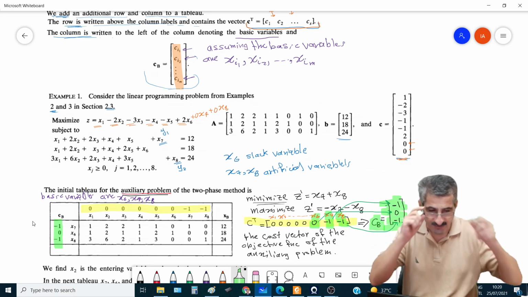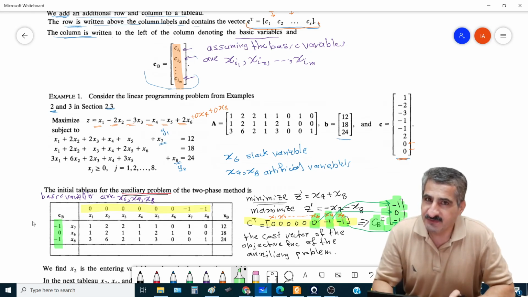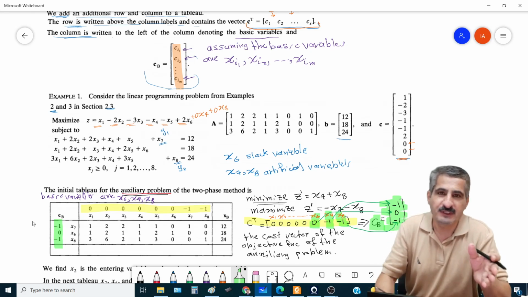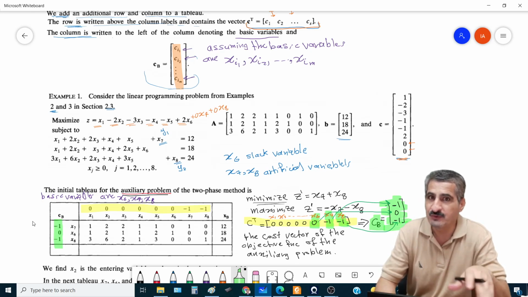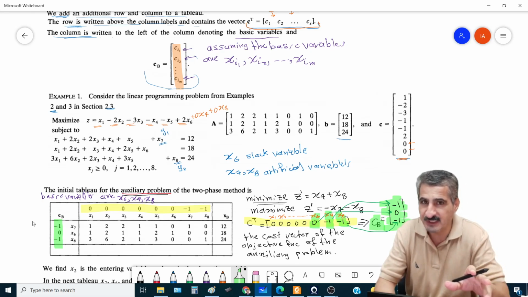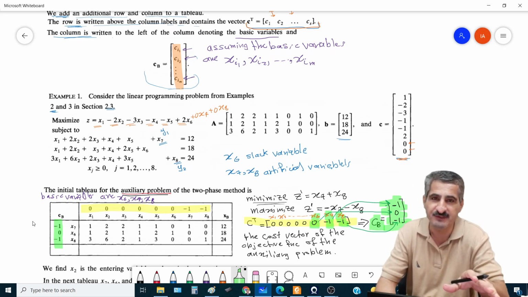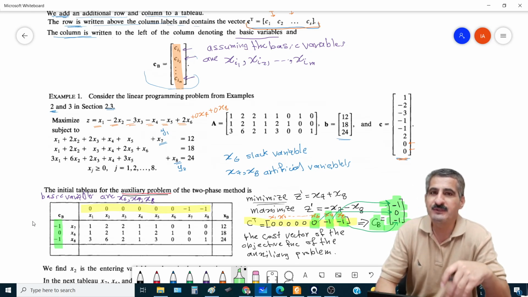Okay? So what we have done here, we want to work a linear programming problem, but we find ourselves needing to introduce slack and artificial variables, and therefore, because we have artificial variables, we need to work with the auxiliary problem.